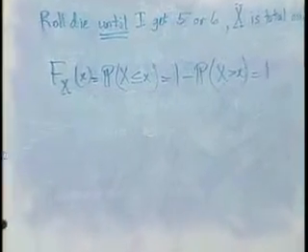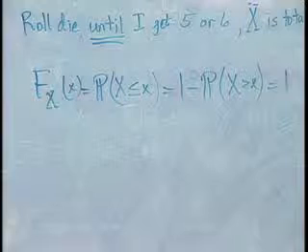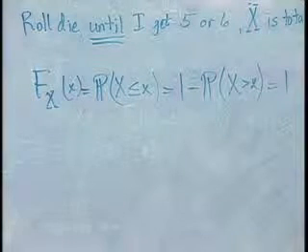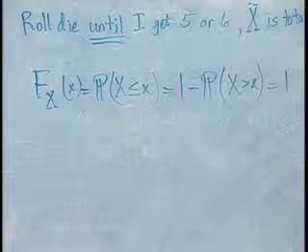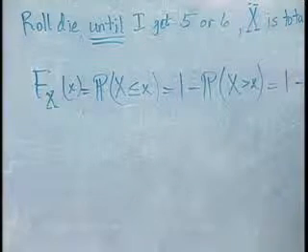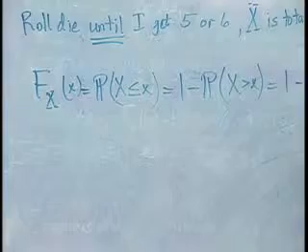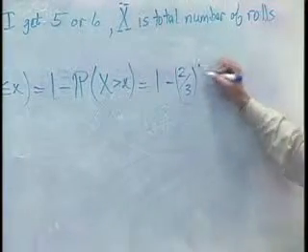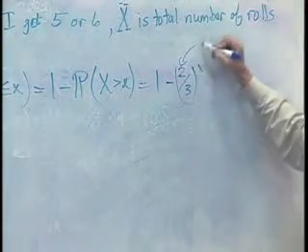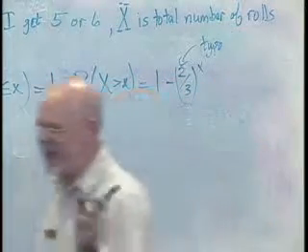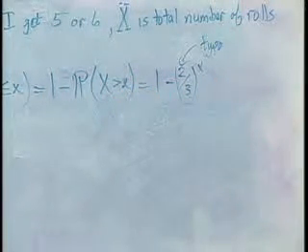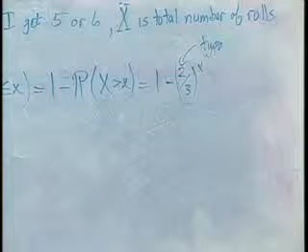In order for the total number of rolls to be greater than x, that means I have to have rolled the die x times without getting a 5 or 6. That means on each of my first x rolls, I have to roll a 1 through 4, which happens with a probability 2/3. And that's where the typo in the outline is. It's bad in the handout I gave you. It's fixed on the latest version that I put online.